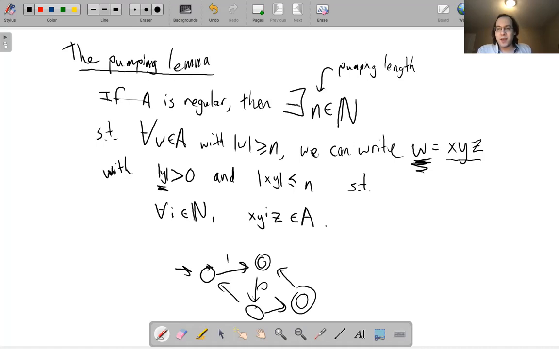One key property of DFAs is that they're finite. It's right in the name: deterministic finite automata. The F stands for finite. So the number of states is going to be finite.